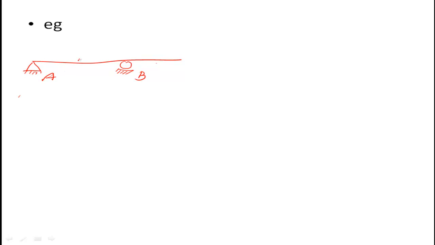You have an inclined load on this beam, 60k at an angle of 60 degrees, and you have a moment also. The distances are like this: 10 feet, 4 feet and 7 feet.